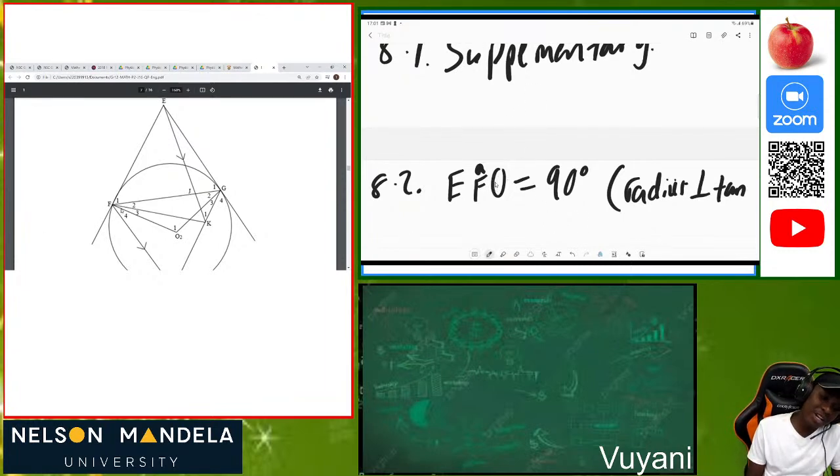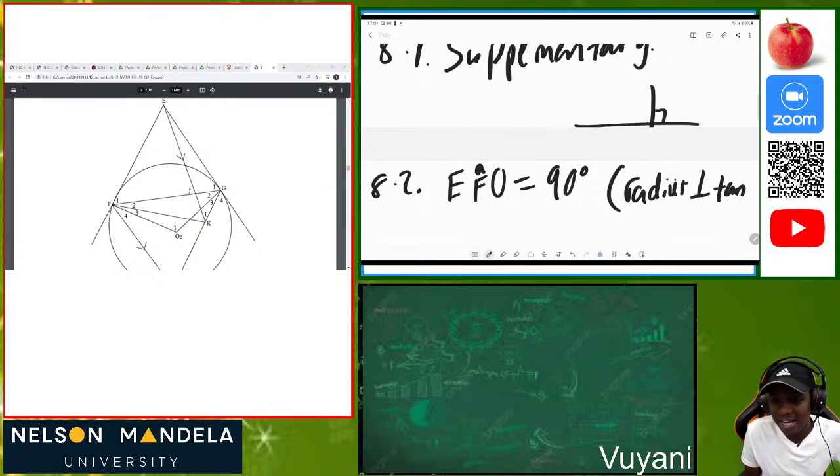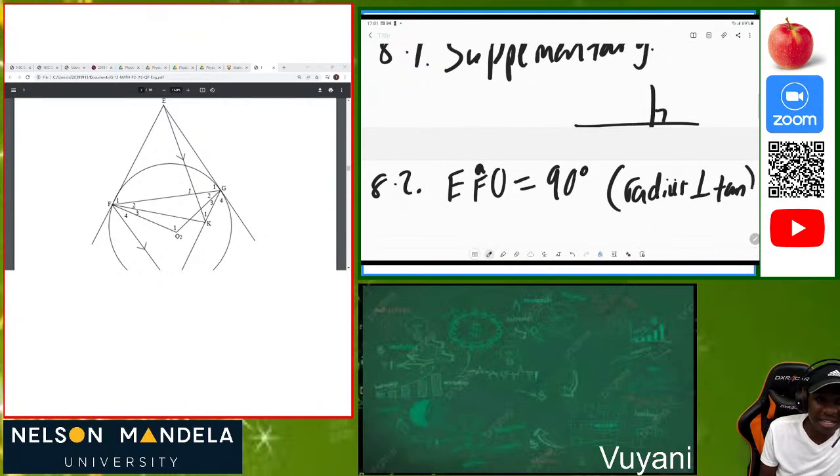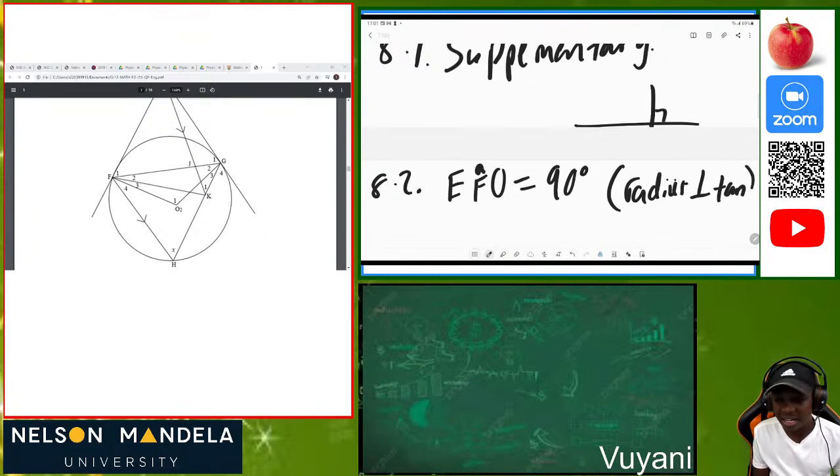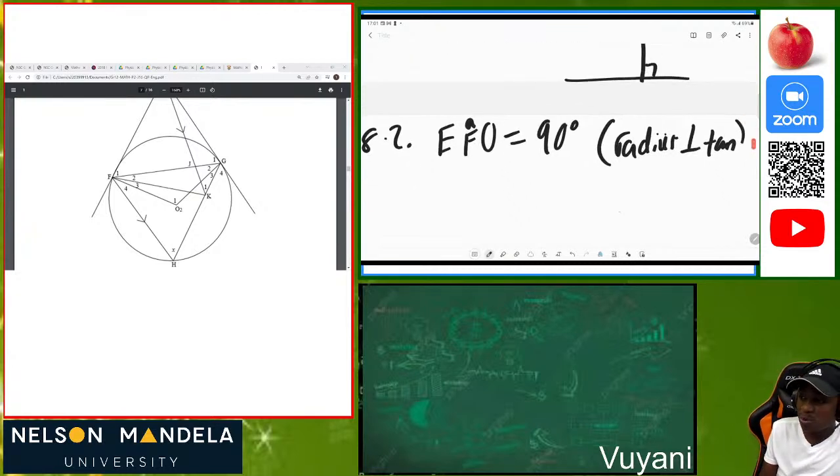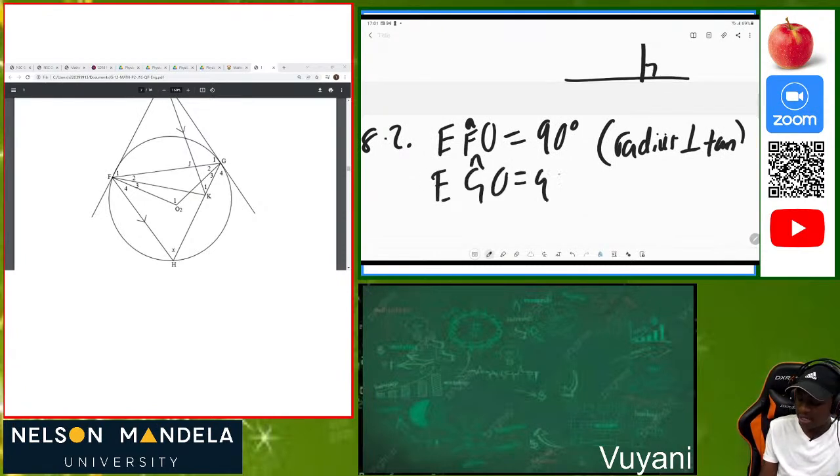Also, EGO is equal to 90 degrees, for the same reason.